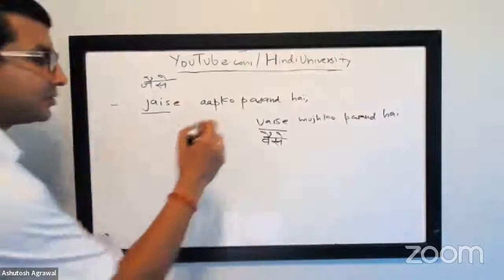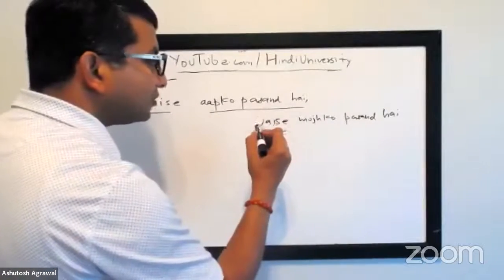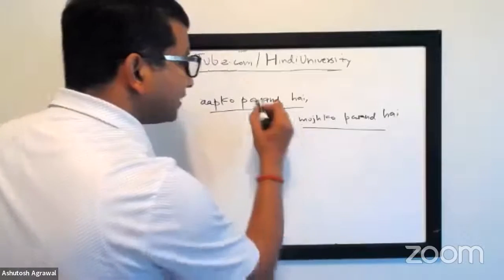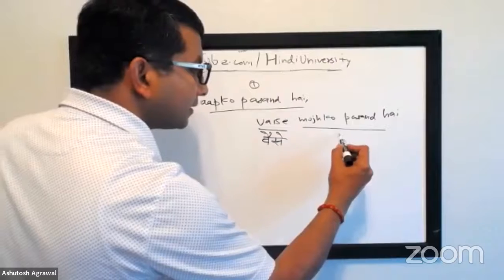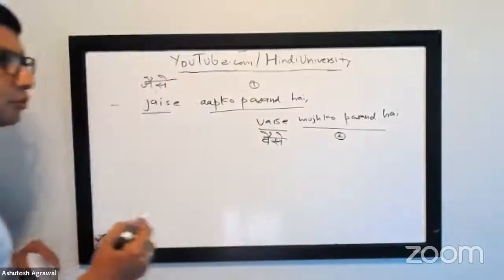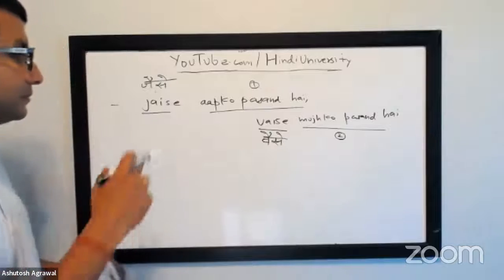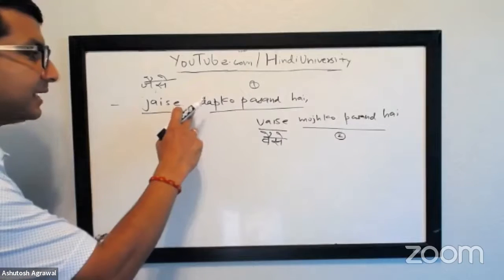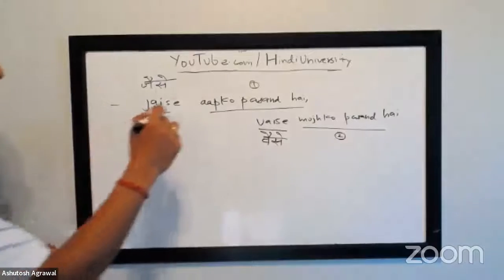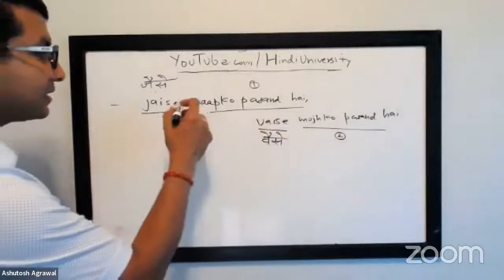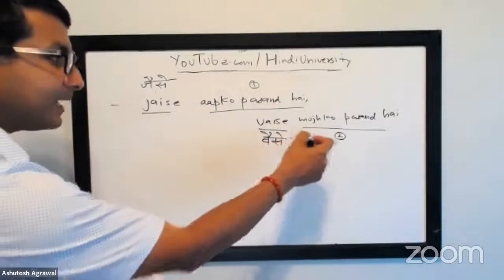Your standalone sentence would be आपको पसंद है, you like. मुझे पसंद है. First one is आपको पसंद है, you like. Second one is मुझको पसंद है, I like. जैसे आपको पसंद है वैसे मुझे पसंद है. Just like the way you like, same way I like it too.